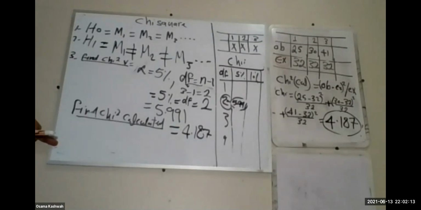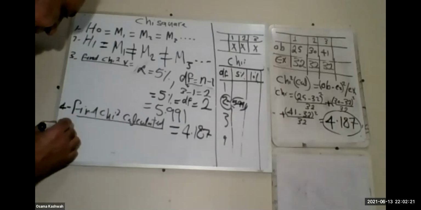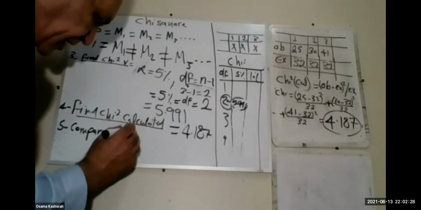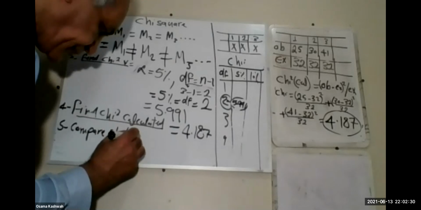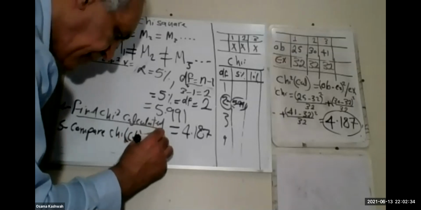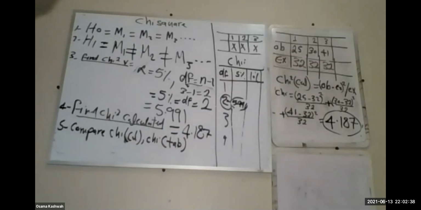Step number 4, no, this is 4, this is 5: compare chi calculated with chi tabulated. Compare them.